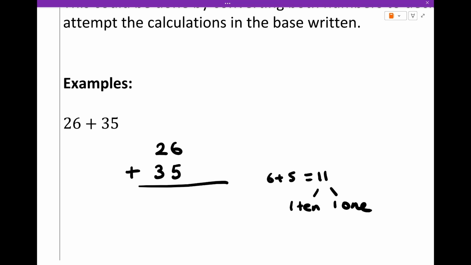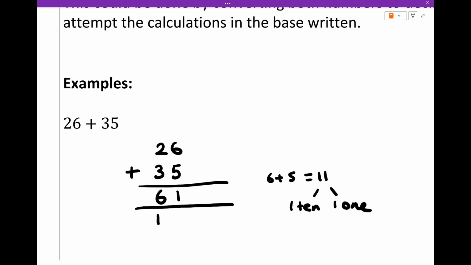So you write your 1 one here, and then you carry your 1 ten over. Now we're working in our tens column. We have 2 tens plus 3 tens plus 1 ten, so that's going to give me 6 tens. So the final answer would just be 61.